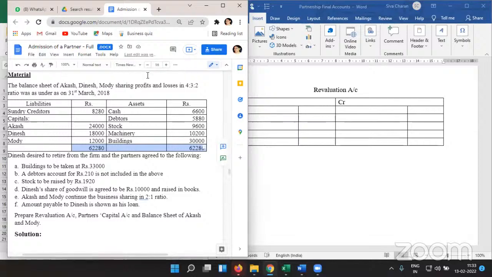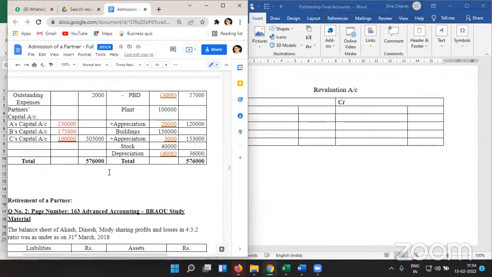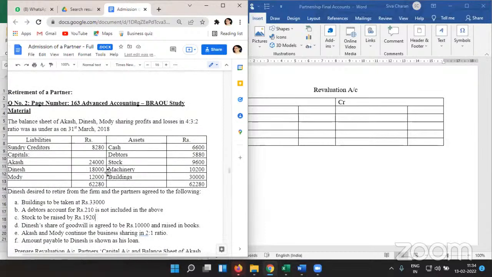Looking into this, this is a retirement sum. One second, children, I didn't read it. Just a moment. Admission. This is a retirement sum. I would like to make you practice one more admission sum. I'm so sorry.